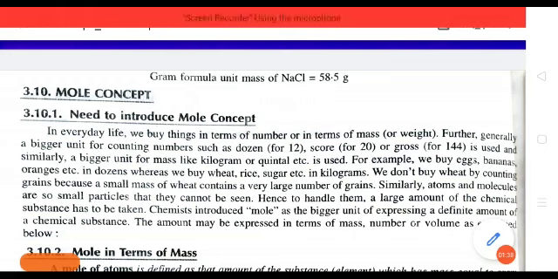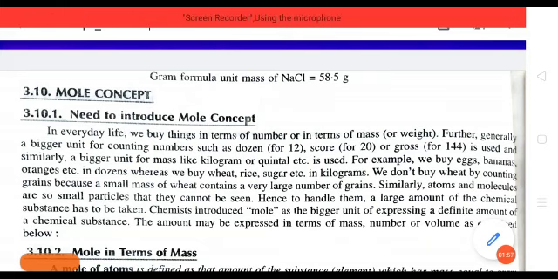Similarly, for atoms and molecules, it is not possible as they are very small particles and cannot be seen.